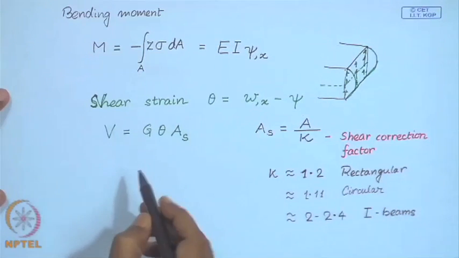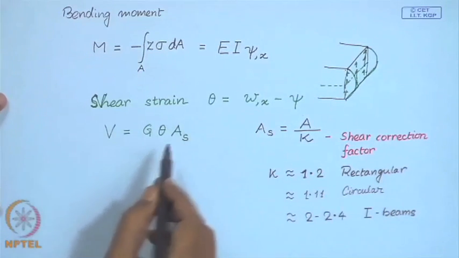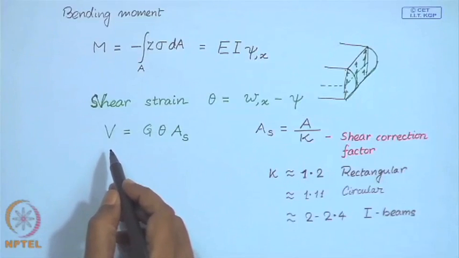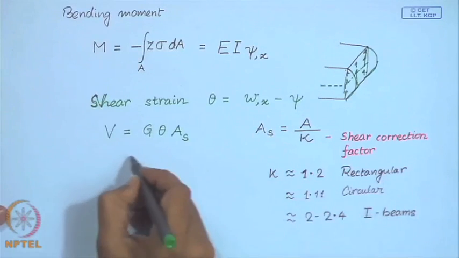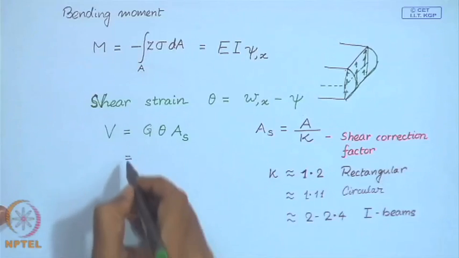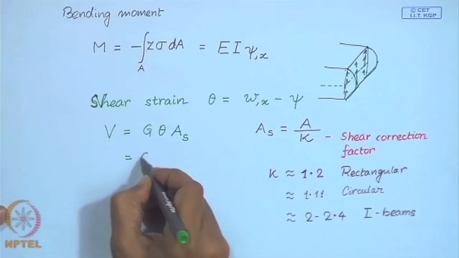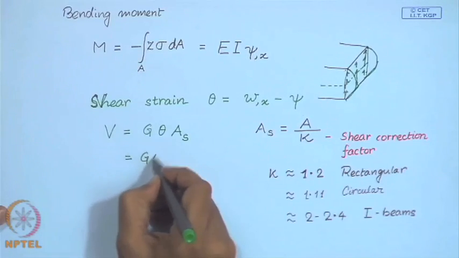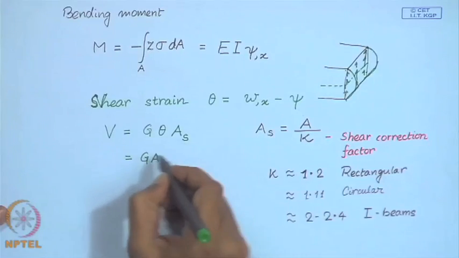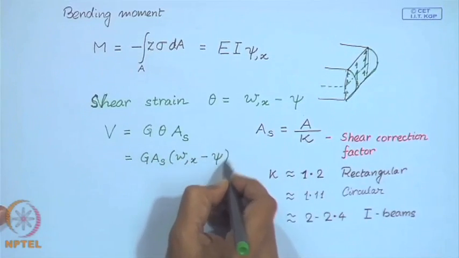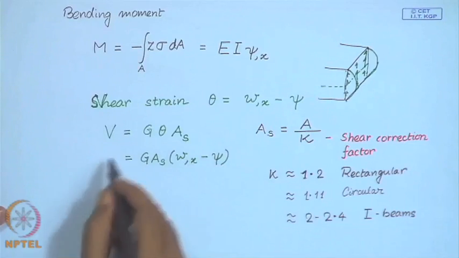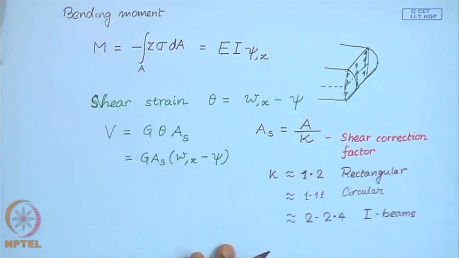Now, we have a very simple expression of the shear force acting on the cross section. So, therefore, we can write this as, so that is the expression of our shear force.